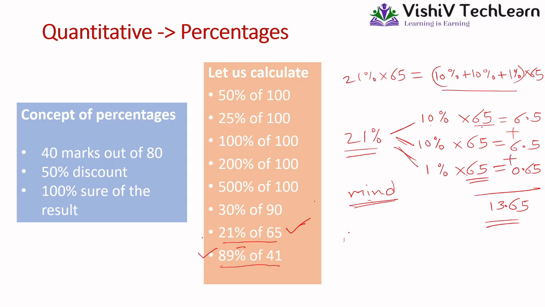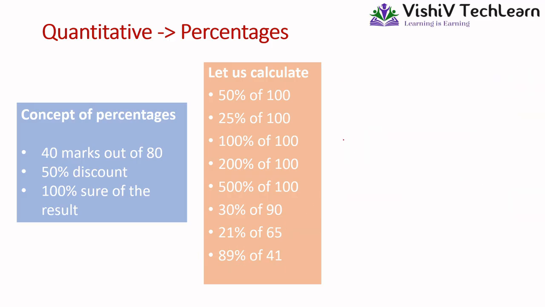Now this 89%, let me erase this. So the question is 89% of, which means multiplication, and the figure is 41. Now 89% we can split again into maybe three parts. So maybe we can consider 100% minus 10% minus 1%. Correct?